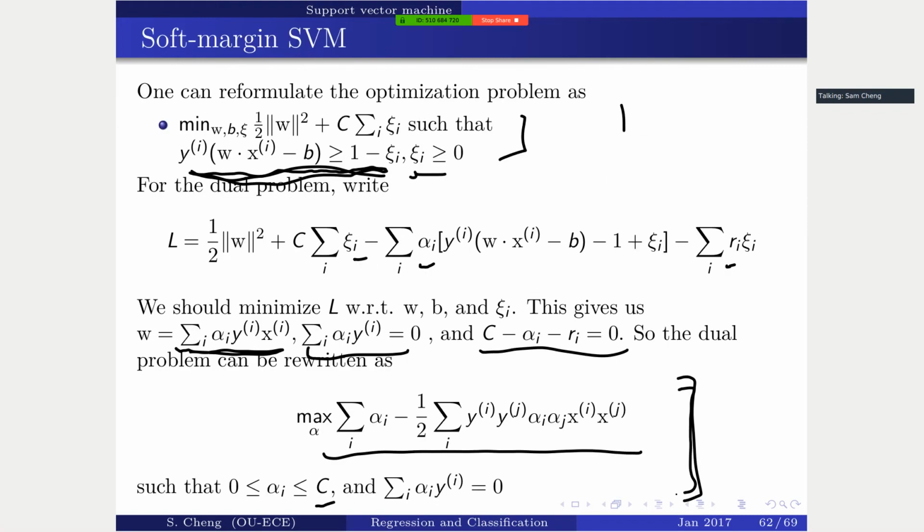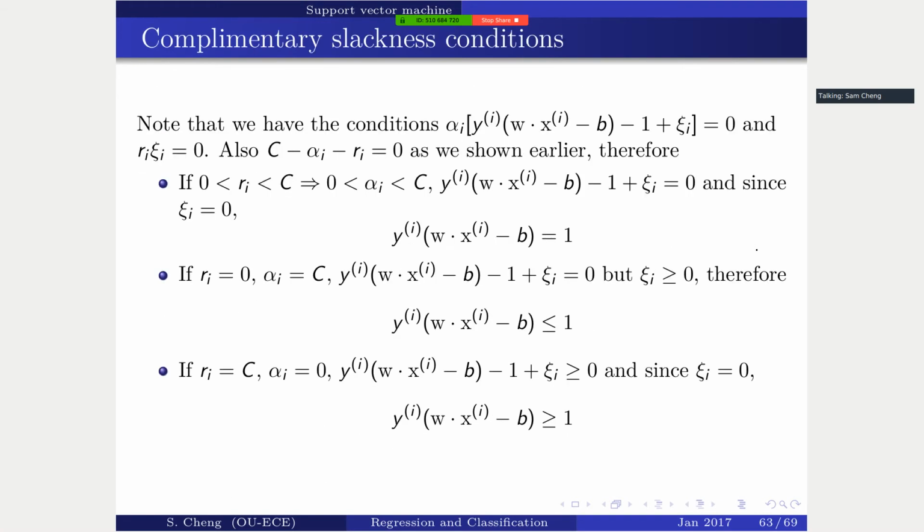Remember, we have these slackness conditions: this is equal to 0 and this is equal to 0, for every i. That will give me, together with the one I mentioned earlier, that if I set r i to be between 0 and C, then alpha i will be from 0 to C.